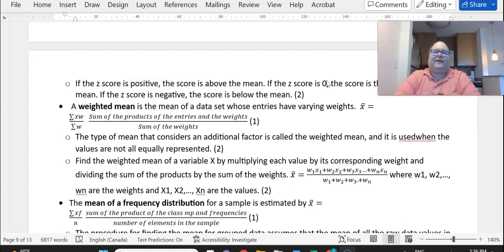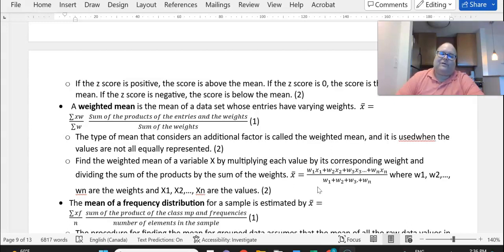We can also have data that is weighted, so that some value is a certain percentage of the total score, and another value is a different percentage, and so on, which can be found using weight of item 1 times the score on item 1, plus weight on item 2 times the score on item 2, and so on, divided by weight 1 plus weight on item 2 plus weight on item 3, all the way up to weight on our nth item.